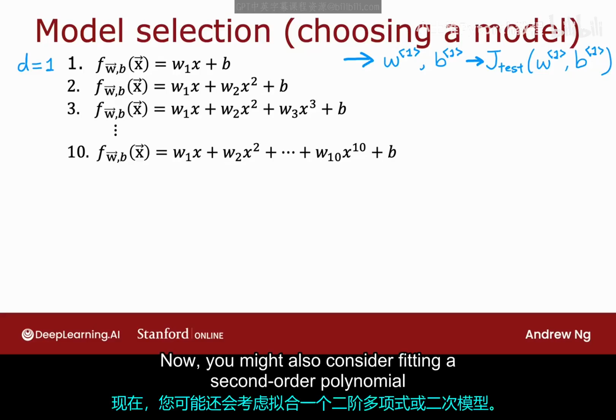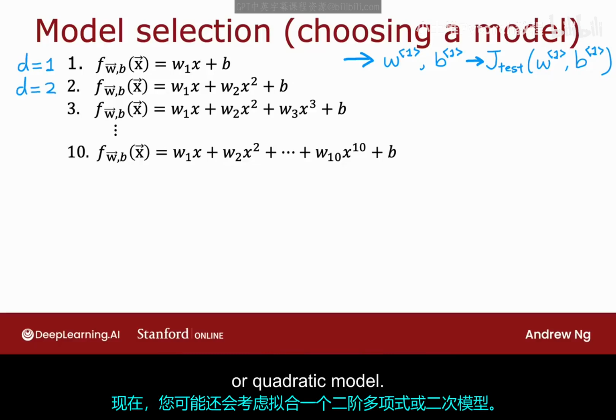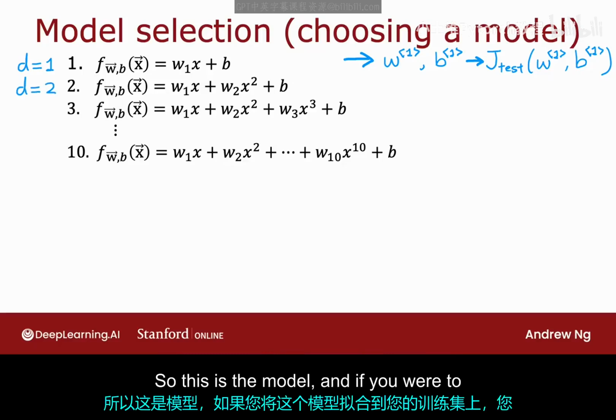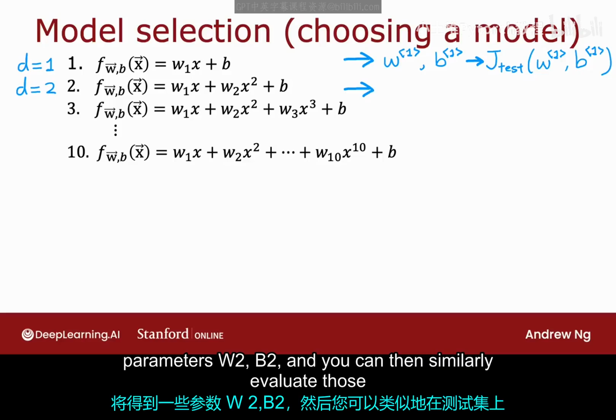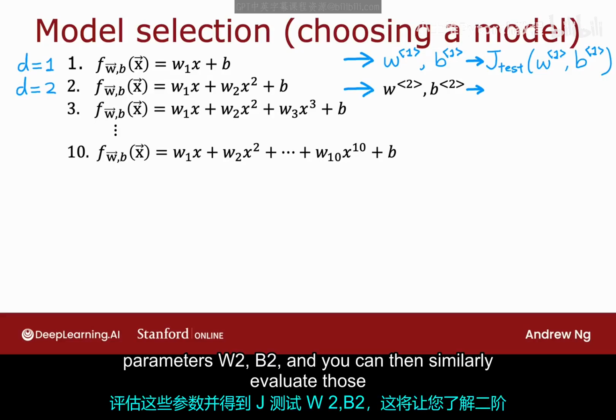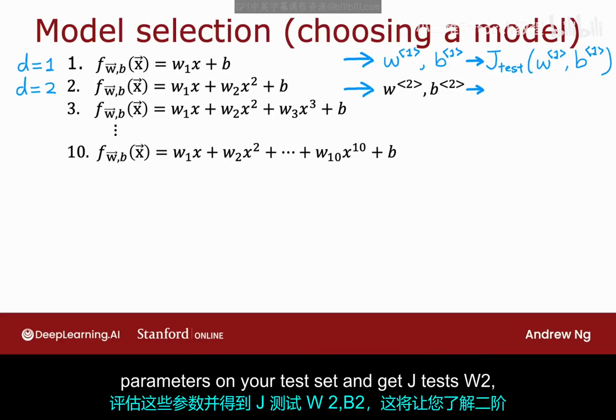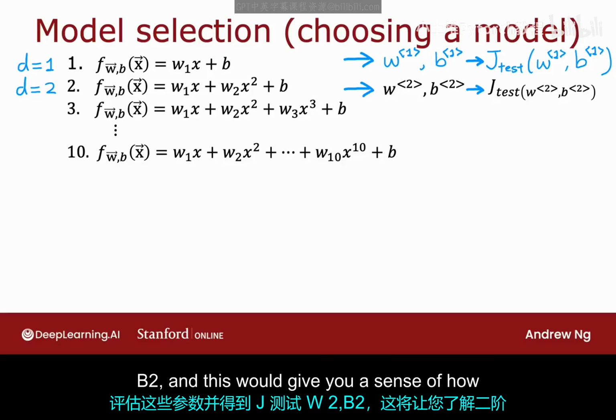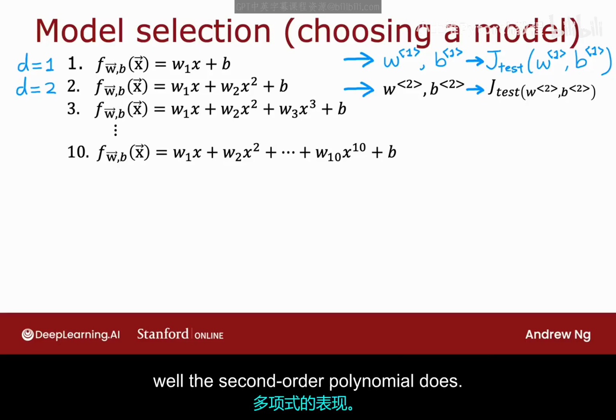Now, you might also consider fitting a second order polynomial or quadratic model. So this is the model. And if you were to fit this to your training set, you would get some parameters w2, b2, and you can then similarly evaluate those parameters on your test set and get J-test of W2, B2, and this will give you a sense of how well the second order polynomial does.